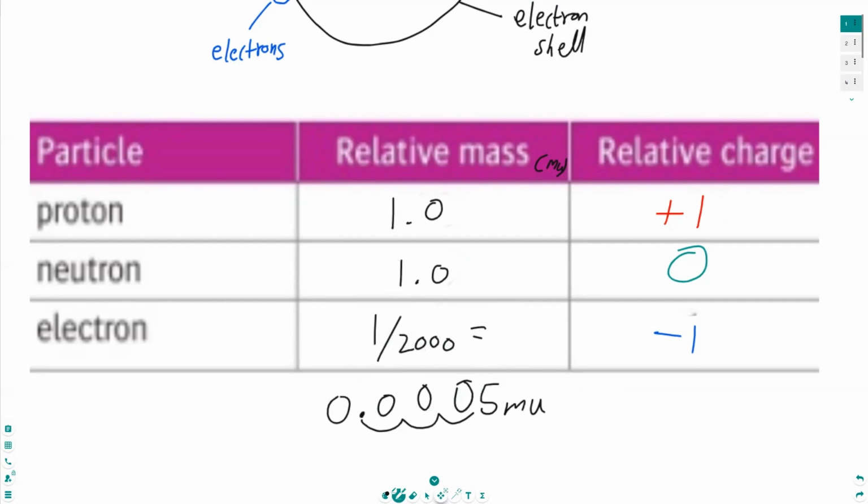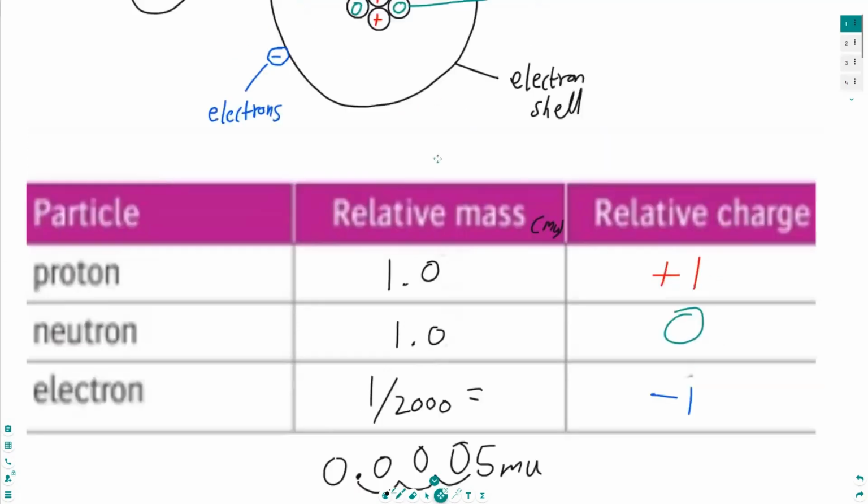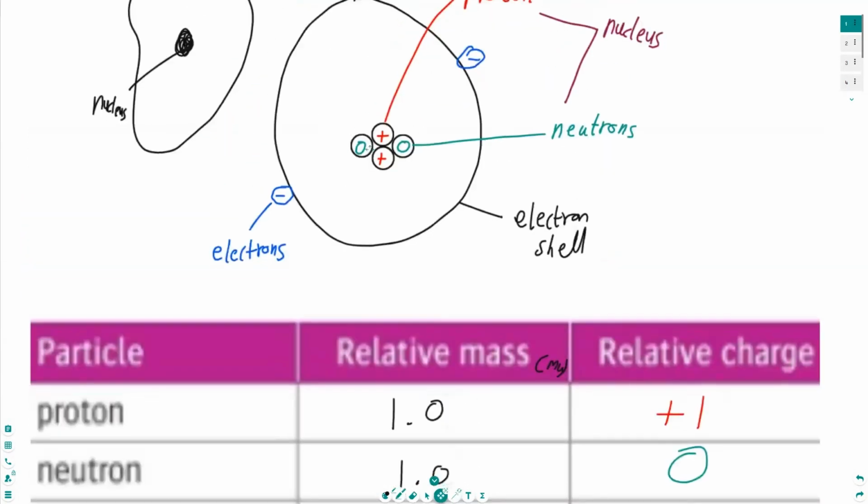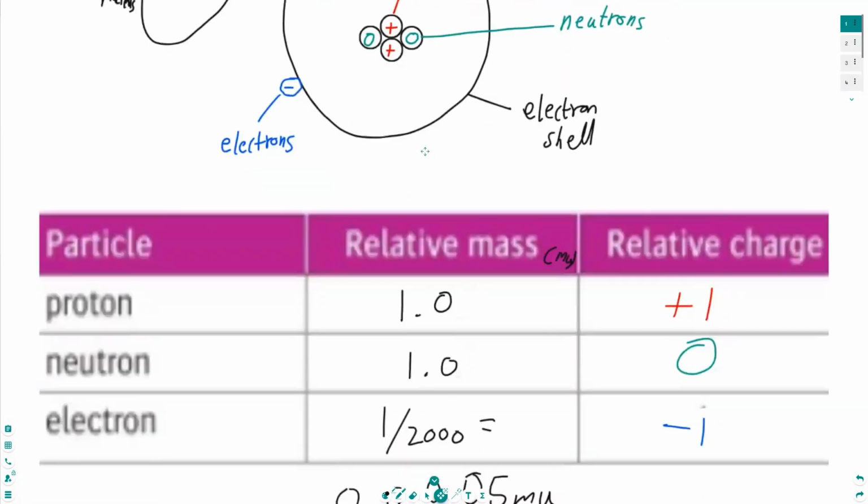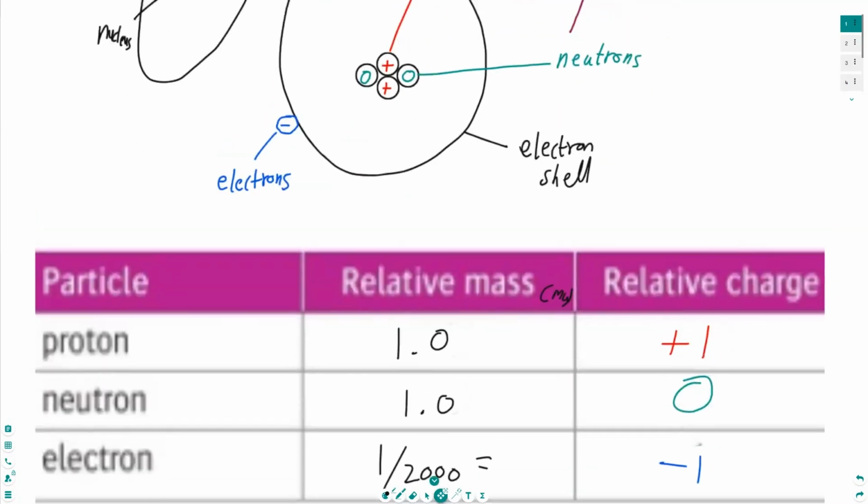Which means in terms of electrons, if we were measuring this nucleus, we have 2 protons and 2 neutrons. Remember, 2000 electrons equals 1 proton.